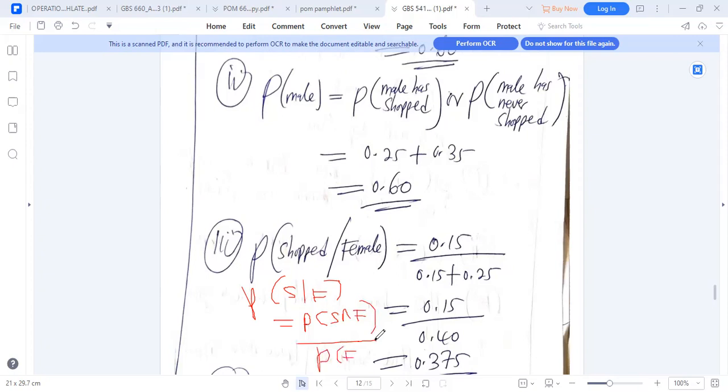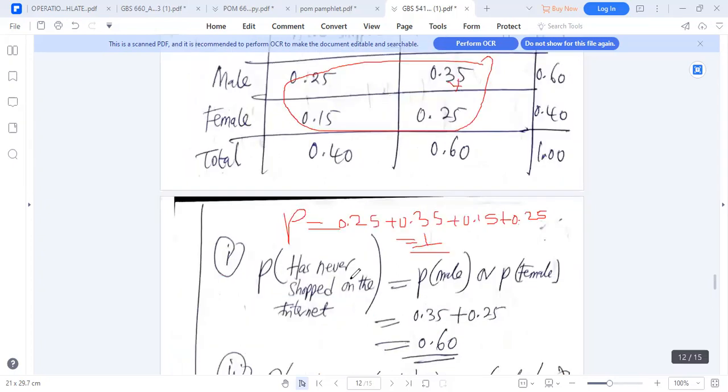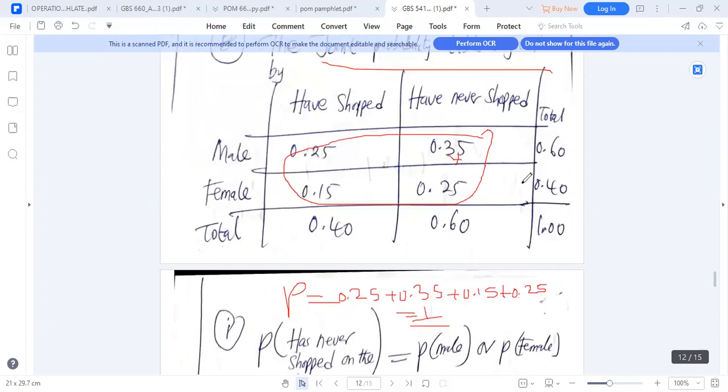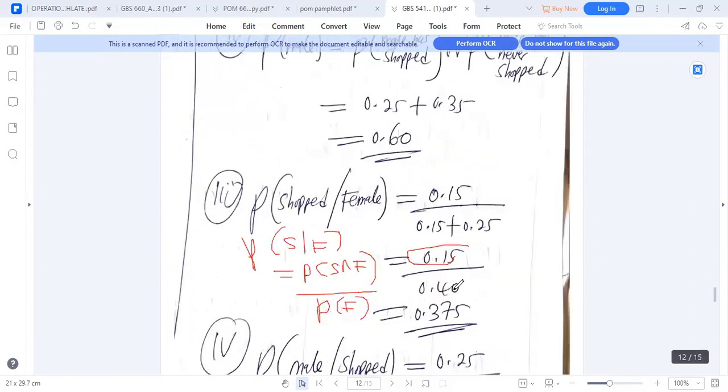So this is the intersection, and the probability of female is 0.4. This is F, this is M, 0.4.